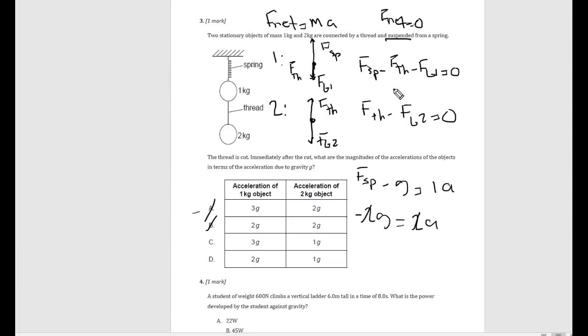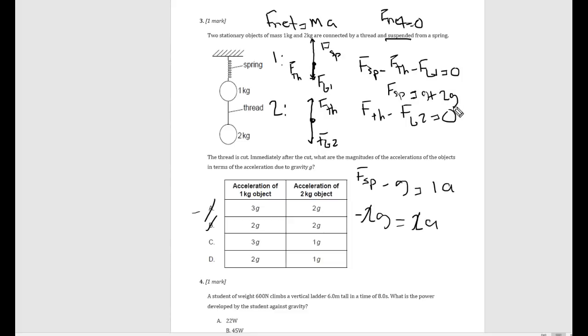Well, up here, the spring force had to balance out the force of gravity, mg, 1 times g, plus the force from the thread before it was cut, which from this equation down here was balancing out the force of gravity for object 2. That means before the thread was cut, it had to have a force of 2g.